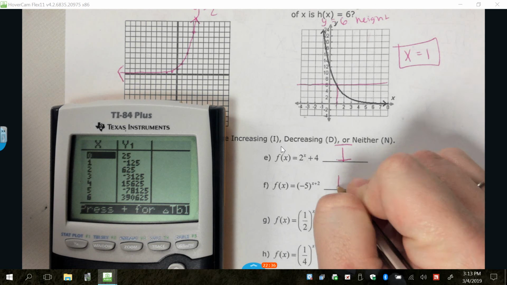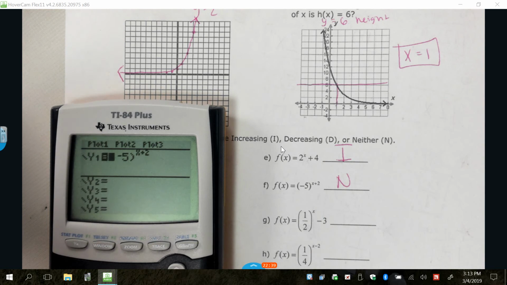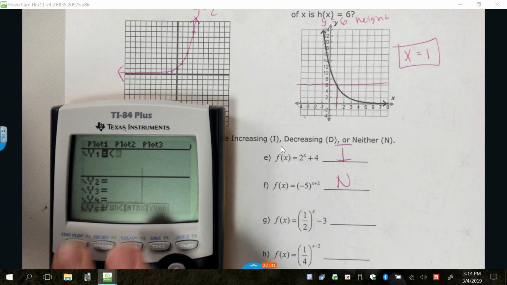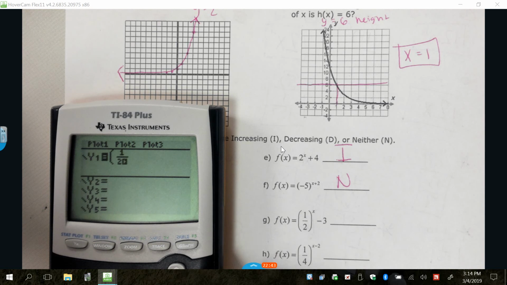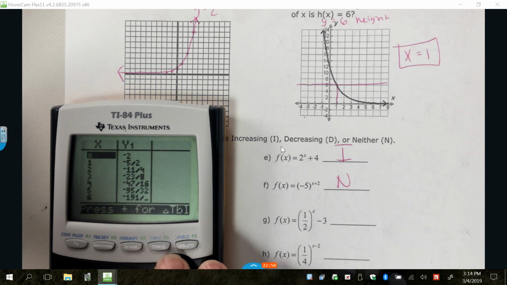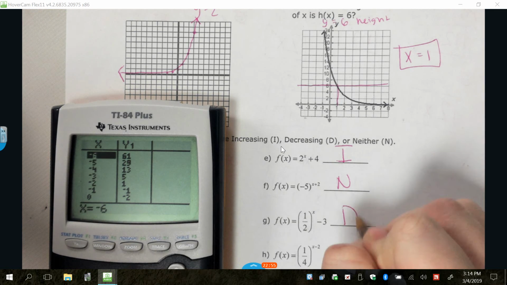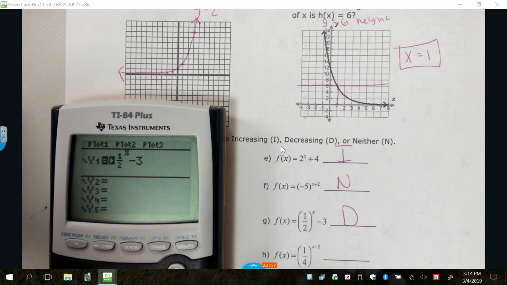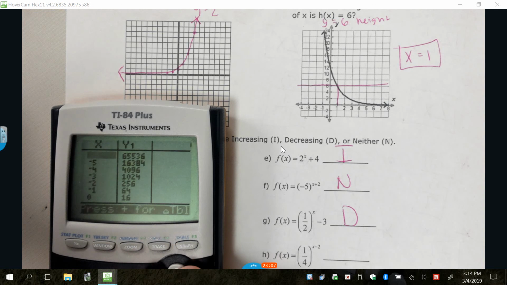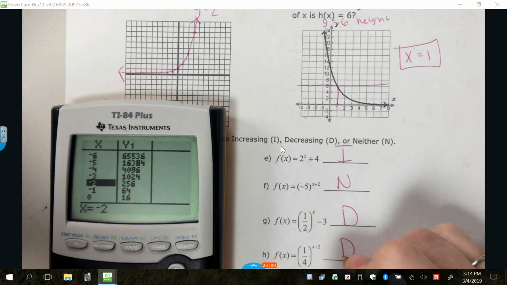Every other one is negative and every other one is positive, so this is neither. I want you to realize these are getting smaller, so this is decreasing. And last but not least, these are getting smaller, so it's decreasing.